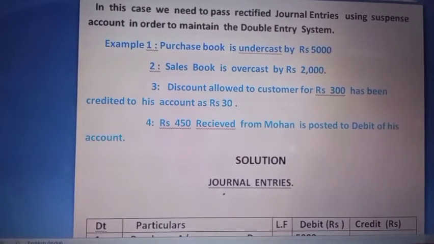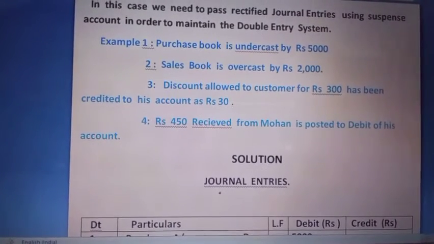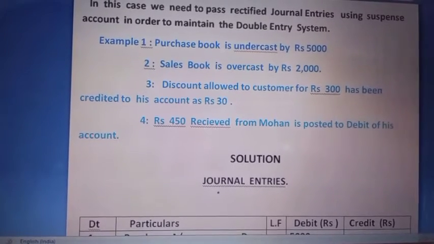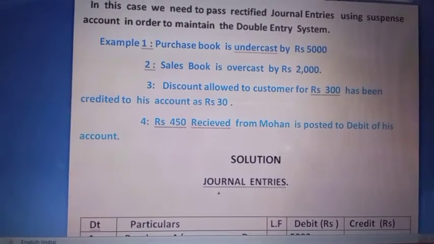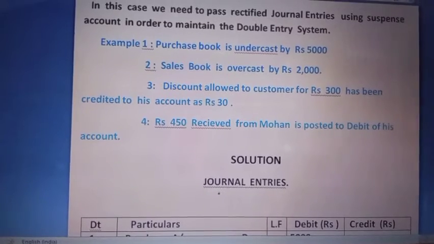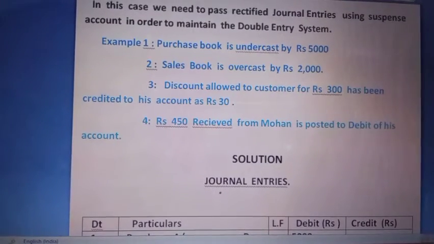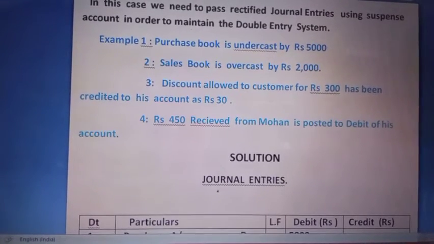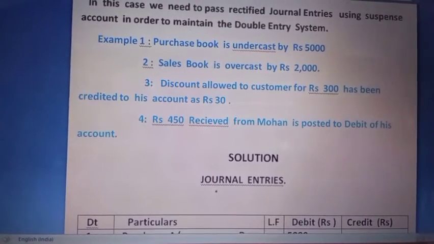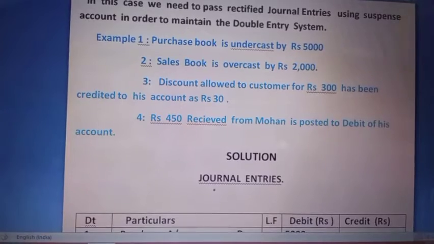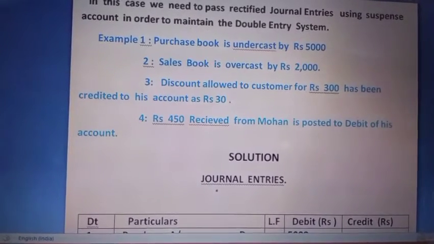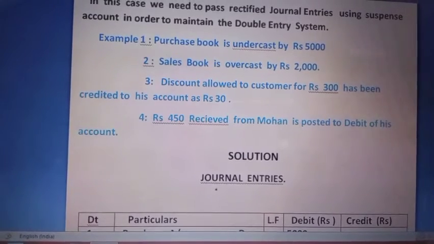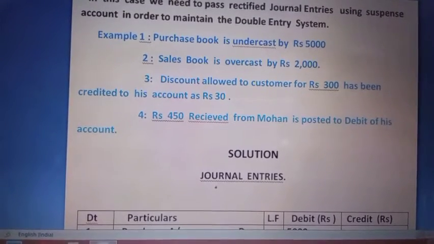So this is an error of misposting of amount as well as an error of wrong side entry. Instead of debiting his account, we have credited it. The actual journal entry which we should have passed regarding number 3 was customer account debit to discount allowed.